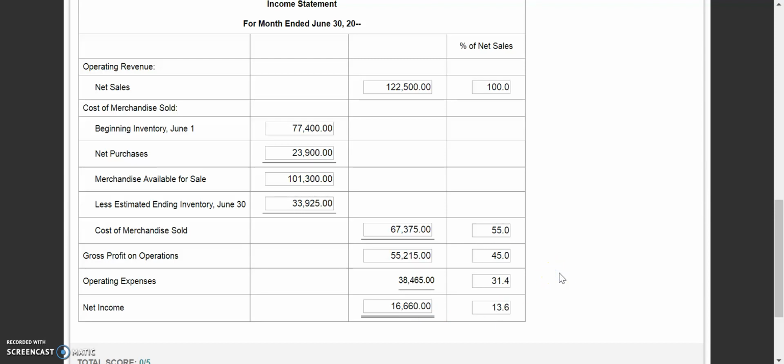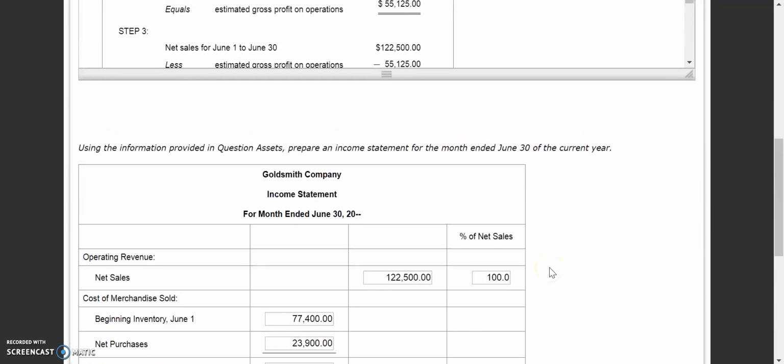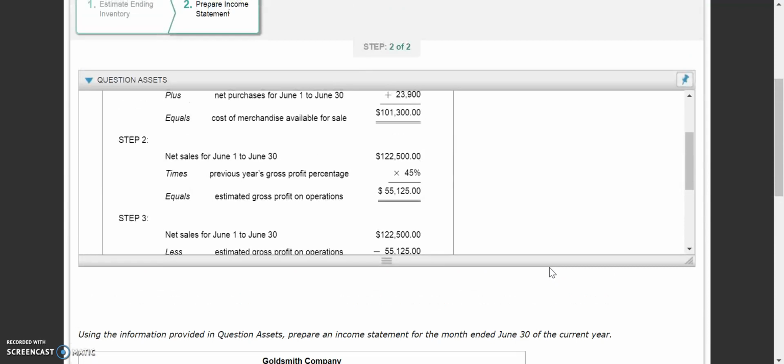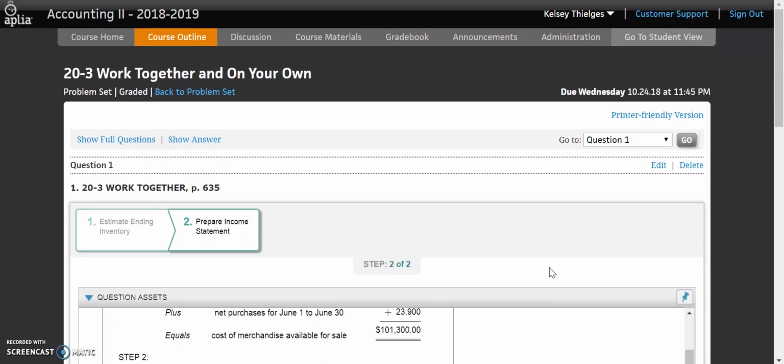So really, it's just a lot of plugging the things into the right spots and then making sure that you remember those steps, because they maybe won't be so kind on the test, especially the steps in step 1. So just make sure that you're aware of those. You can head over and do your 20-3 on your own, as well as your 20-3 application problem.